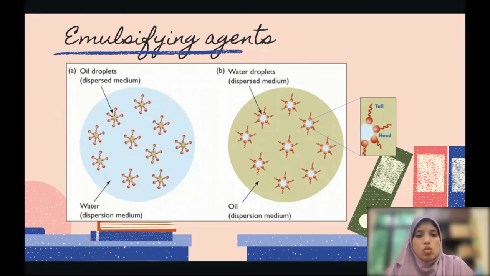In oil in water emulsion, the water-loving part will face the water, whilst in water in oil emulsion, the water-loving part will move to the internal phase, to face the water droplets. Okay.